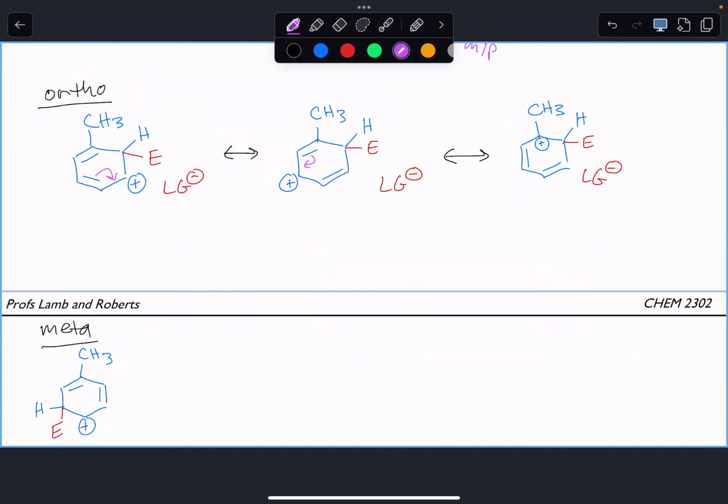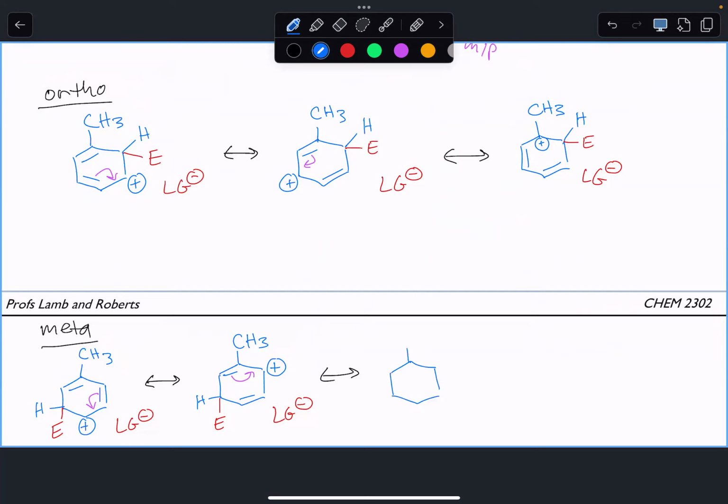Can draw a bunch of resonance structures again. So for both cases, we can push the positive charge around the ring in 3 positions, but they are not equivalent.